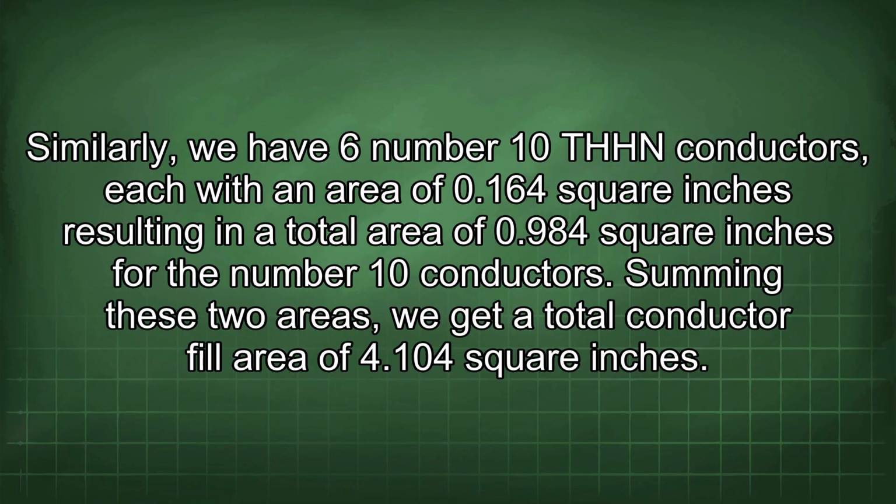Similarly, we have 6 number 10 THHN conductors, each with an area of 0.164 square inches, resulting in a total area of 0.984 square inches for the number 10 conductors. Summing these two areas, we get a total conductor fill area of 4.104 square inches.